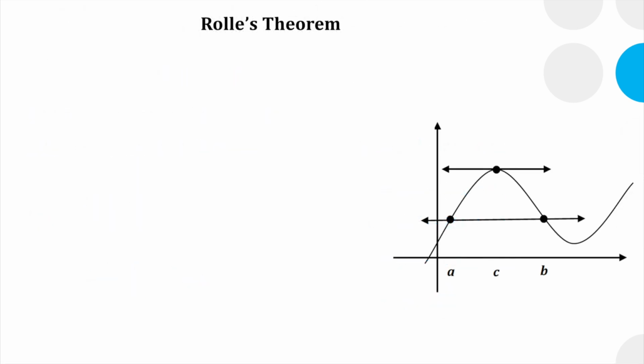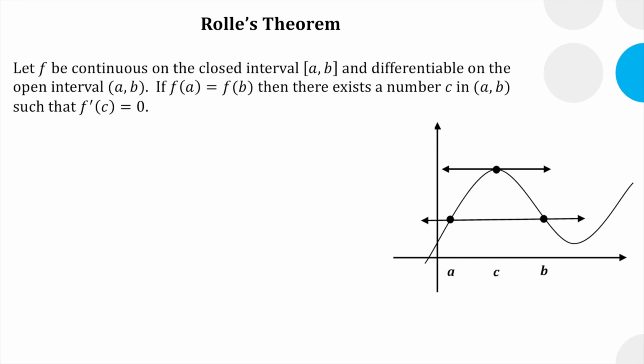Rolle's theorem, pretty much the same thing, just more specific. Let f be continuous on the closed interval [a, b] and differentiable on the open interval (a, b), and if, this is where the difference comes in, if f of a equals f of b, in other words, if it starts and ends at the same level, then there exists a number c such that f prime of c equals 0.